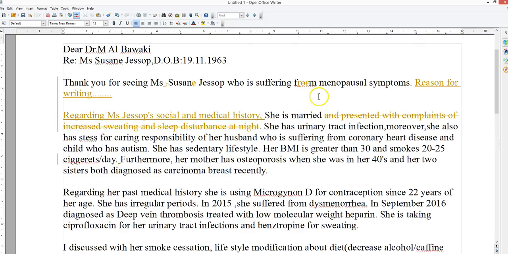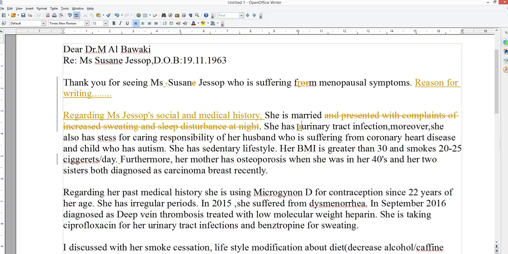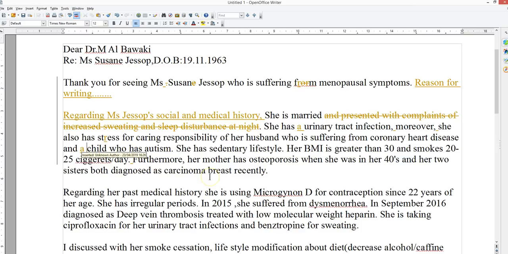So she is married. She has a urinary tract infection. Does she still have it now? Moreover, she also has stress due to caring for her husband, who's suffering from coronary heart disease, and a child who has autism. Now, I'm not sure what this has got to do with the menopausal symptoms.